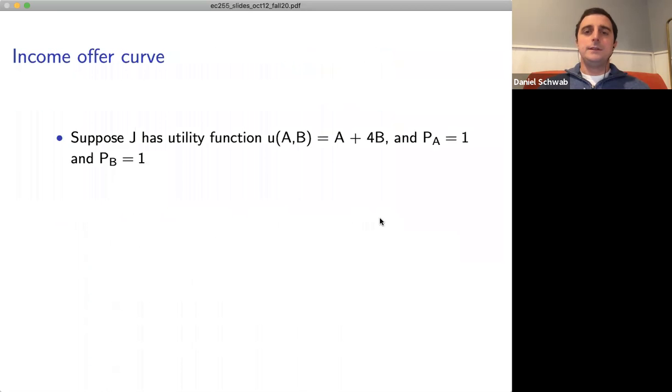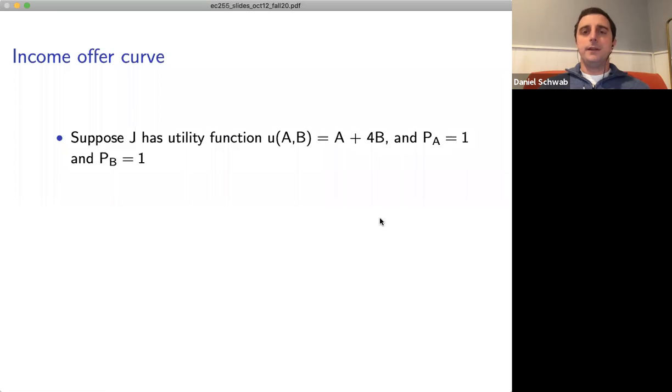Okay, so let's do this example. Let's suppose that J has a utility function of A plus 4B, and the prices of both goods are 1. What this means is that for this person, having another apple will always give 1 utility. Having another banana will always give 4 utility.